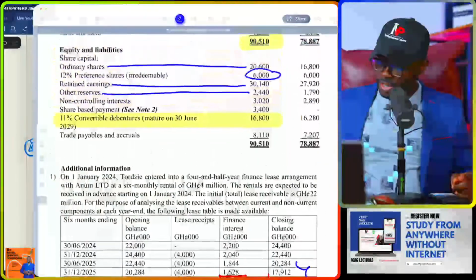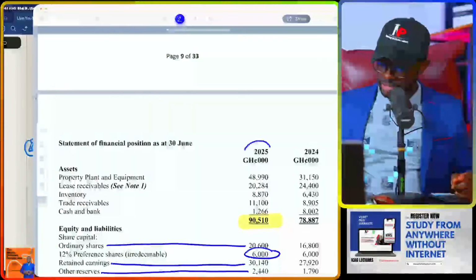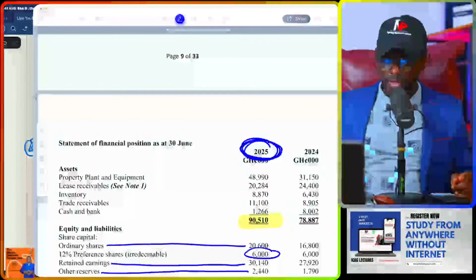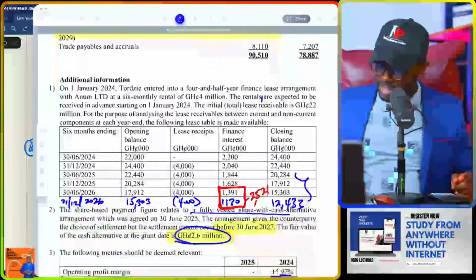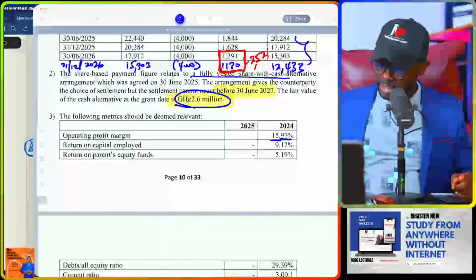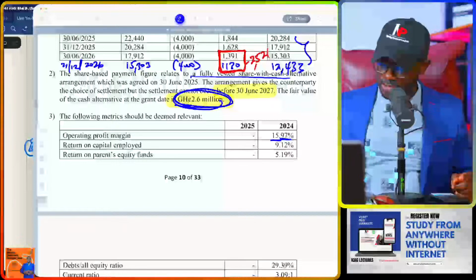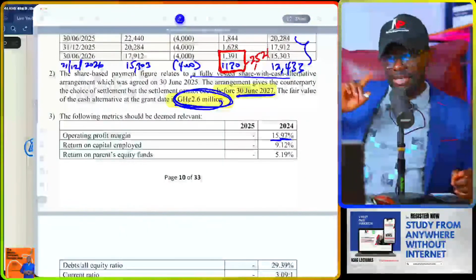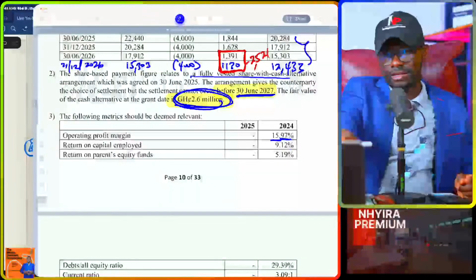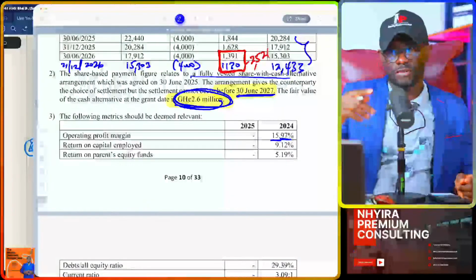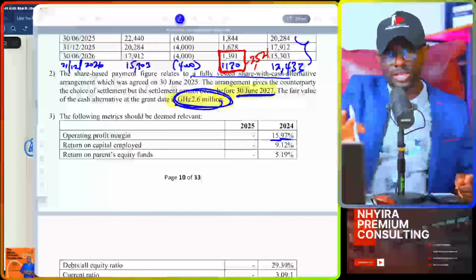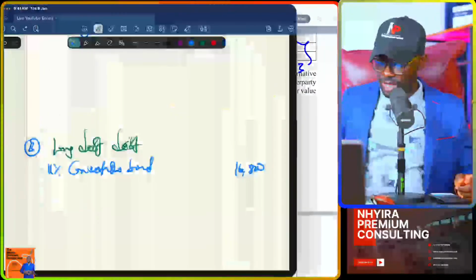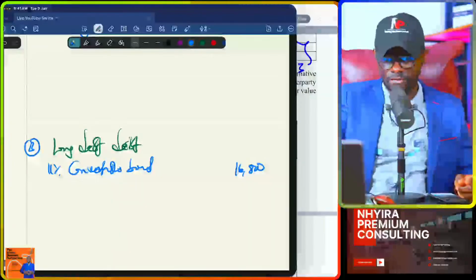Now, we are in 2025, okay? But the settlement in the cash-based payments can be done at least by 30th June 2027. So that's 2 years from now. That's why it's part of the long-term debt in respect of that.